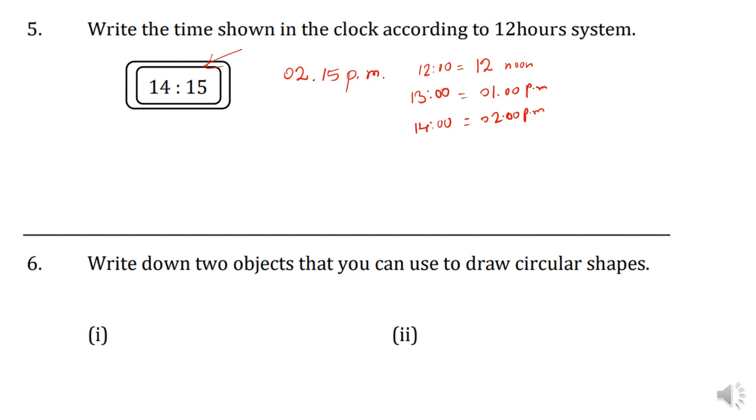So let's go to question number 6. Write down the objects that you can use to draw circular shapes. This is a very simple question.